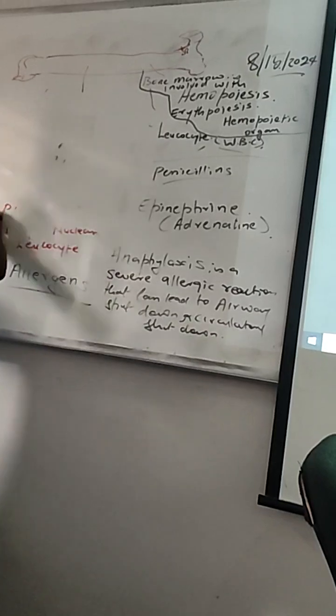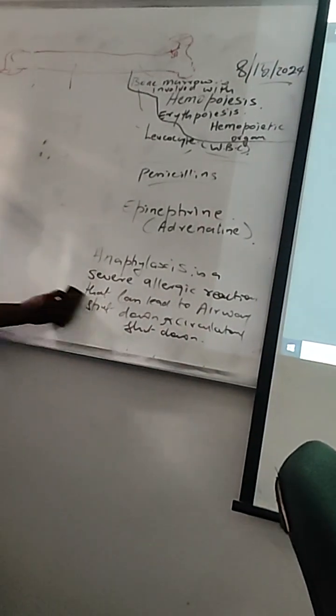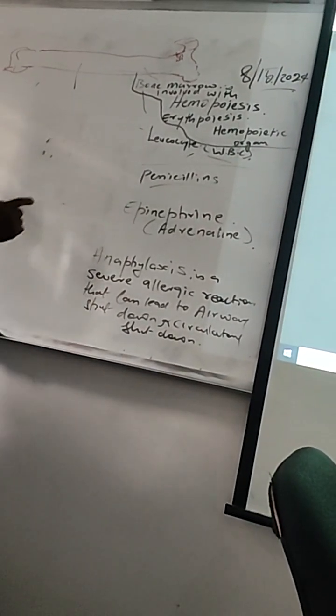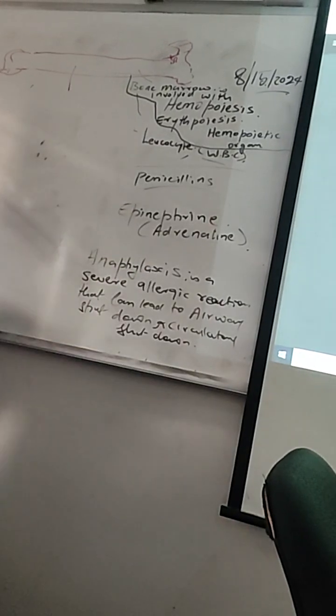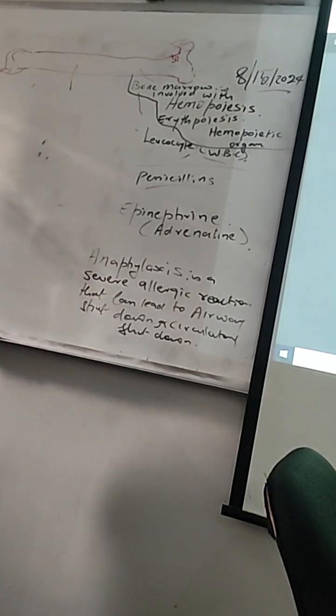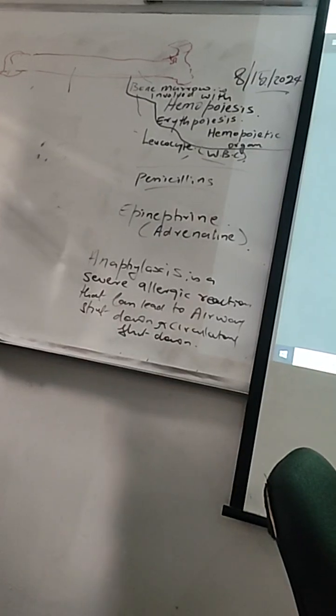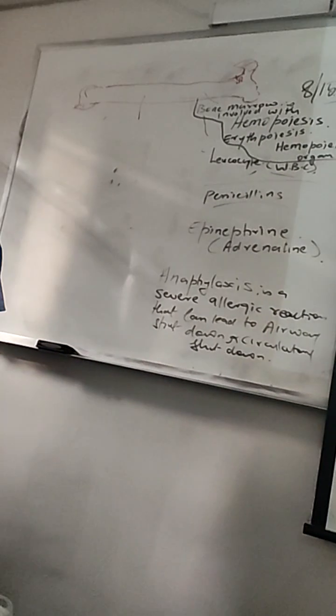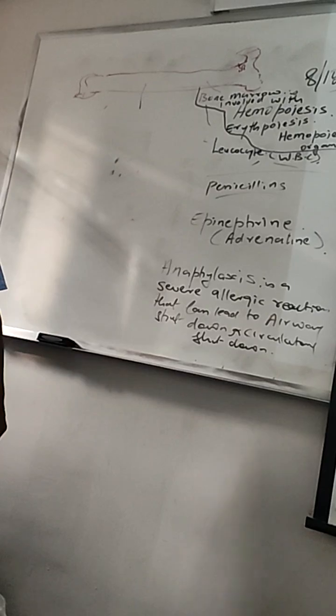Now, epinephrine, we said it's also called what? Adrenaline. Okay? It's also released in your body by the sympathetic nervous system, the system for fight or flight.